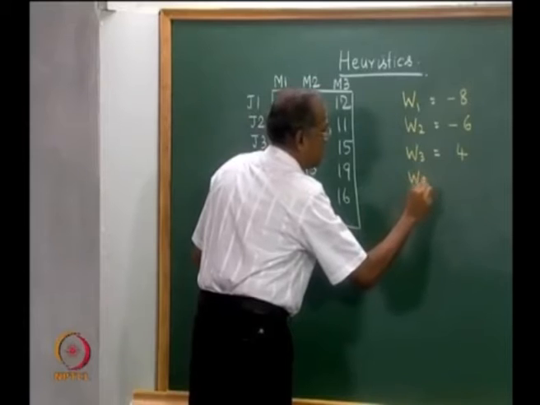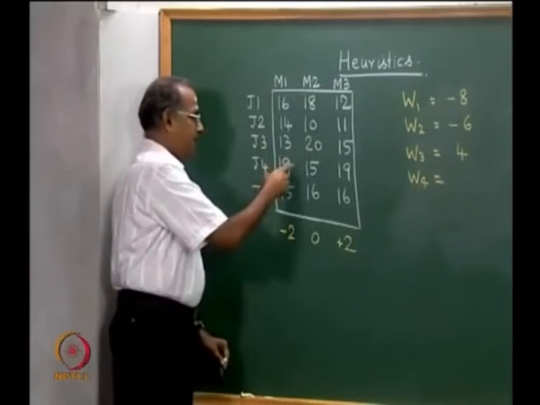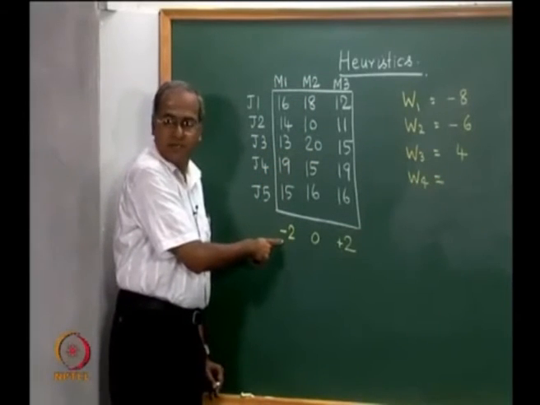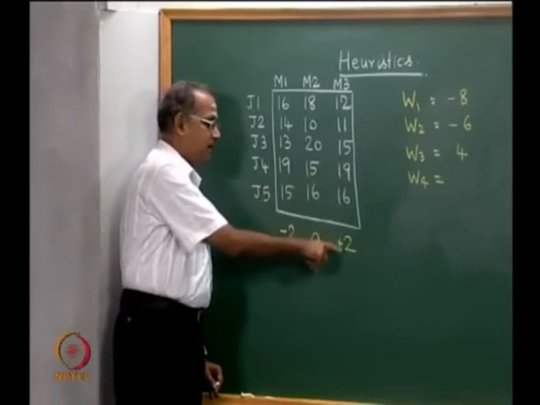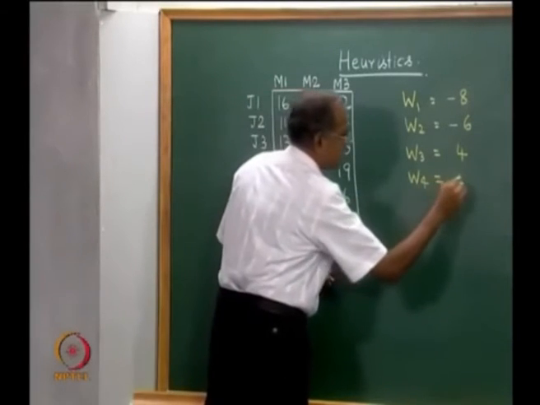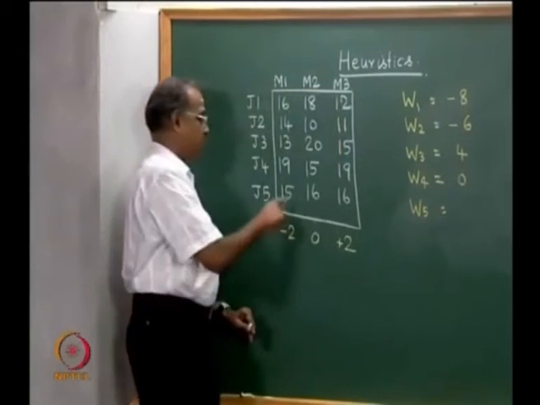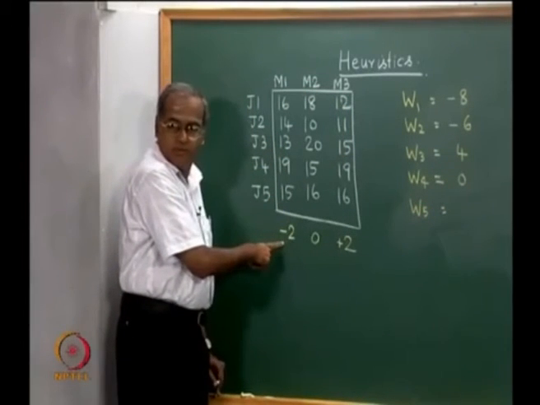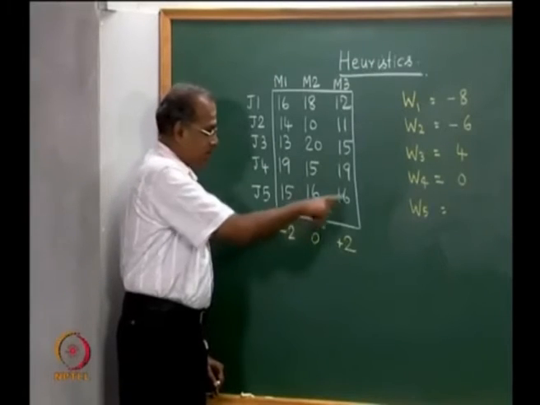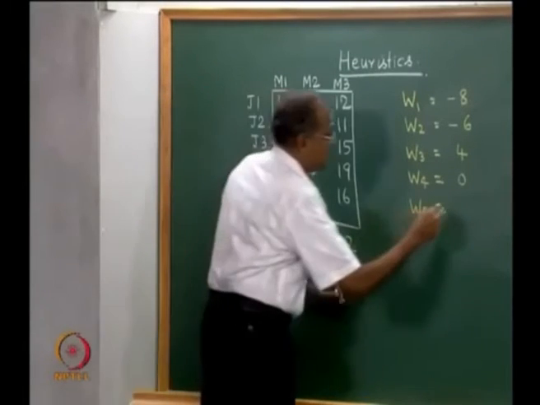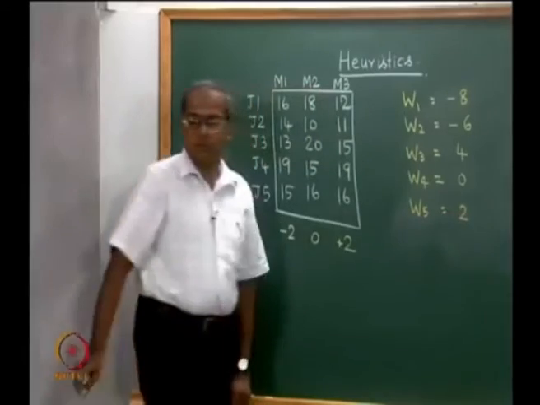W4 will be 19 into -2, -38, plus 19 into 2, plus 38, 0. And W5 will be 15 into -2, which is -30, plus 16 into 2, 32, so it will be +2.